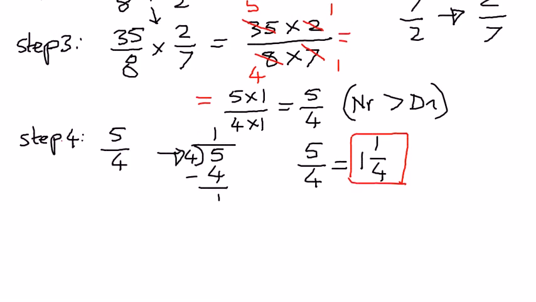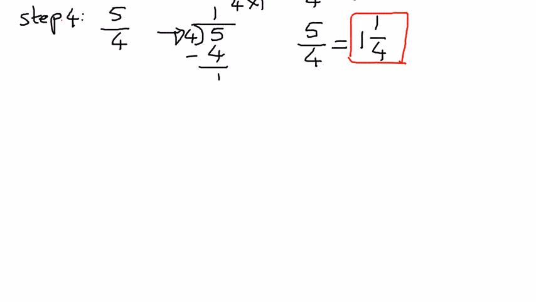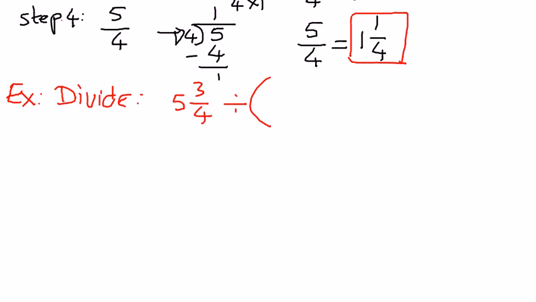Let's take another example here. In this example, let's say we want to divide these numbers. 5 3 over 4 divided by another number, -7 over 10, like that.